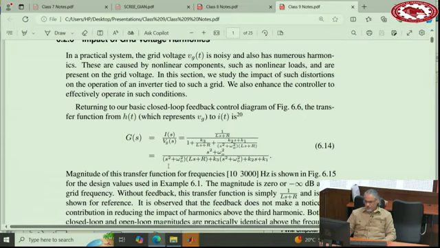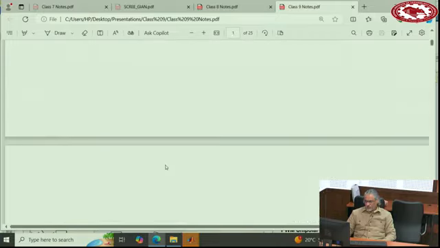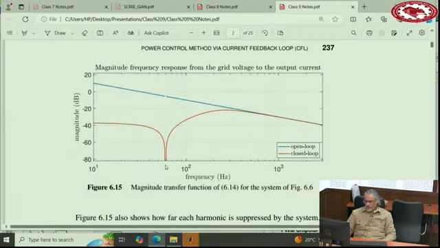Now if you show the magnitude of that transfer function with respect to frequency, that's this one without the controller, and this is with the controller that we just placed. This axis is frequency, this is 60 hertz, this is 100, this is 1000, this is 200, 300.